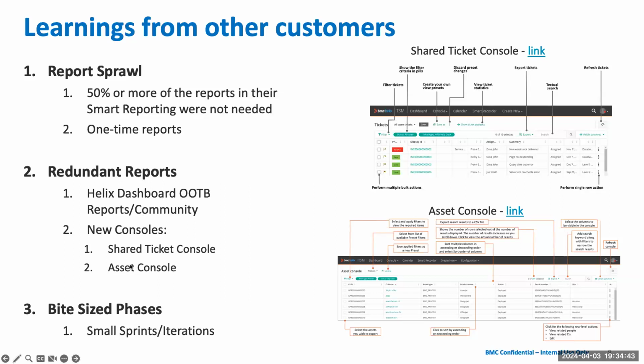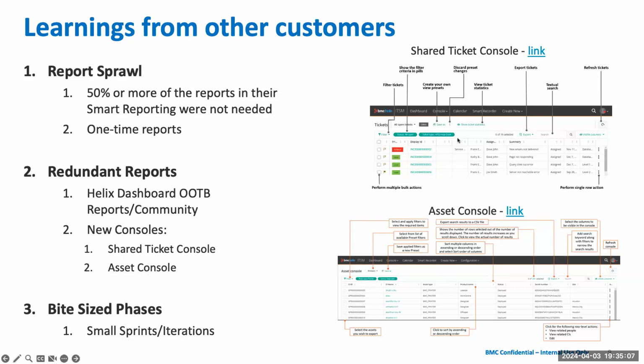The other features which can again be helpful in this regard are the new consoles: the ticket console and the asset console. I have those screenshots on the right-hand side of the screen. In the shared ticket console, you can see a simple tabular listing of all the tickets.